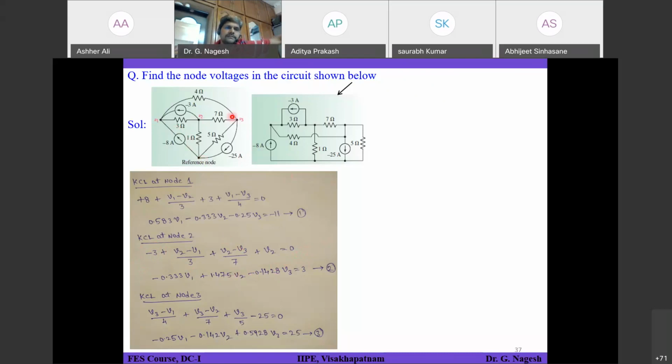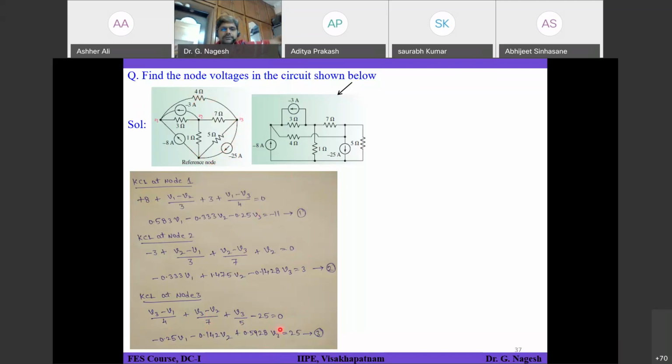Coming to equation number 3, at node 3, you have again 4 branches connected, 3 resistors, and 1 minus 25 amperes current source. Okay, so if you write here V3 minus V1 divided by 4, V3 minus V2 divided by 7, V3 divided by 5, minus 25 amperes is current flowing out of the node 3, so it will be minus 25 is equal to 0.